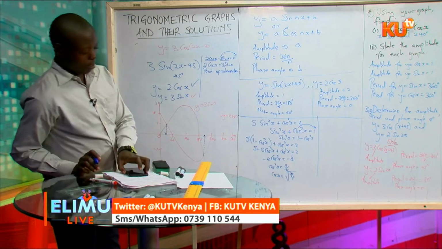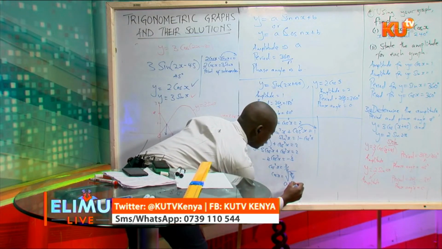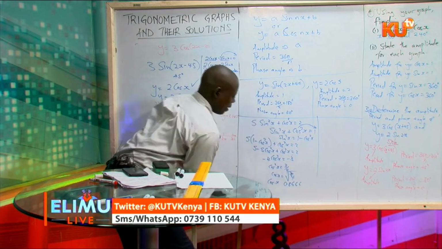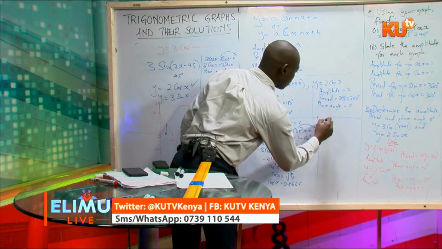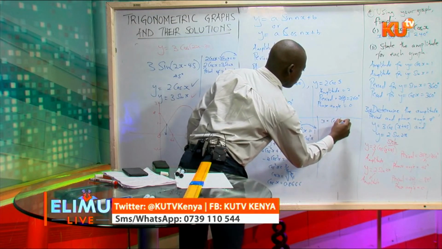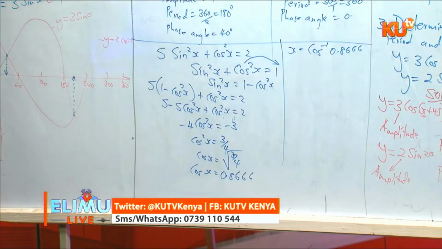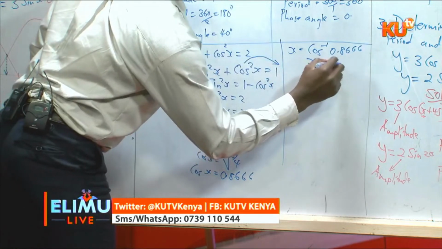That is 0.8666. So that is cos x. So to get x, get now cos inverse of that value. x is the cos inverse of 0.8666. What's the value? 30 degrees. x will be equal to 30 degrees.